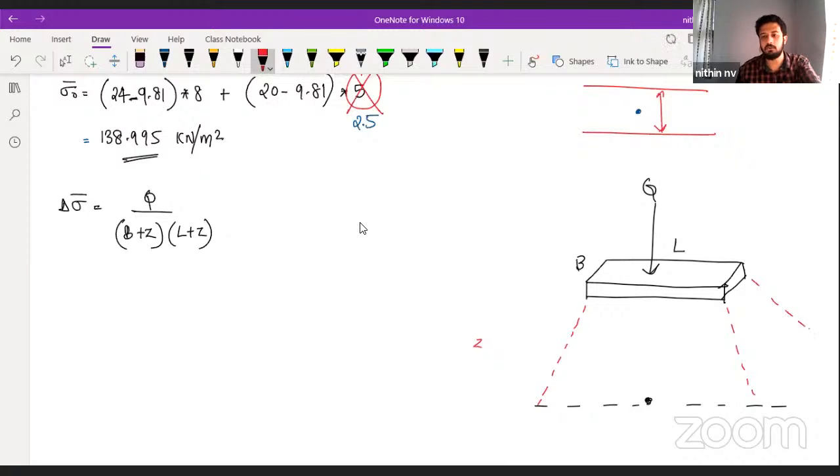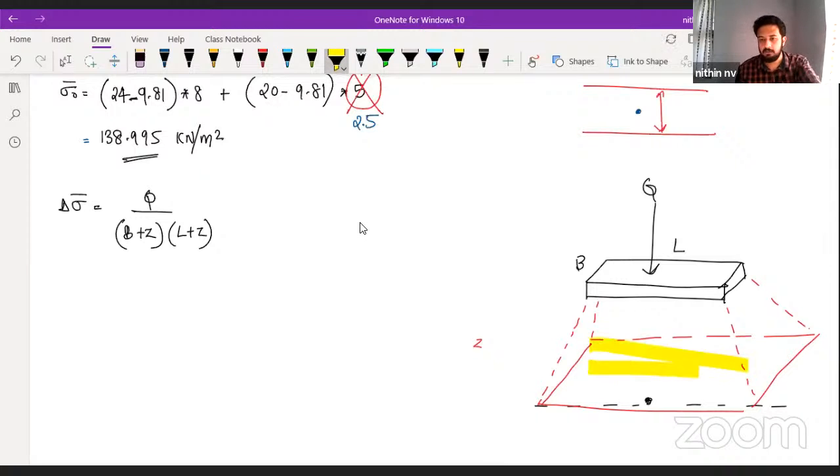We are going to assume a load distribution, something like that, and we are going to check how much this area will be. Something like that I can draw, understanding what I'm drawing. So this area we are going to calculate. That is nothing but Q divided by area, and this area will be equal to (B plus Z) into (L plus Z). Have you studied this?